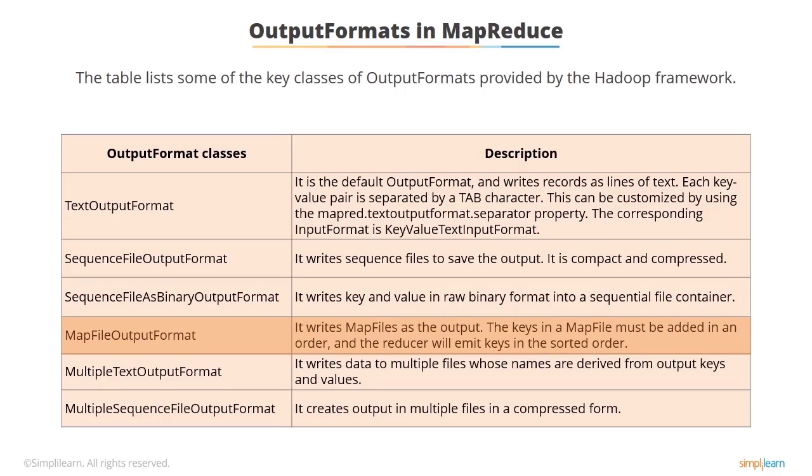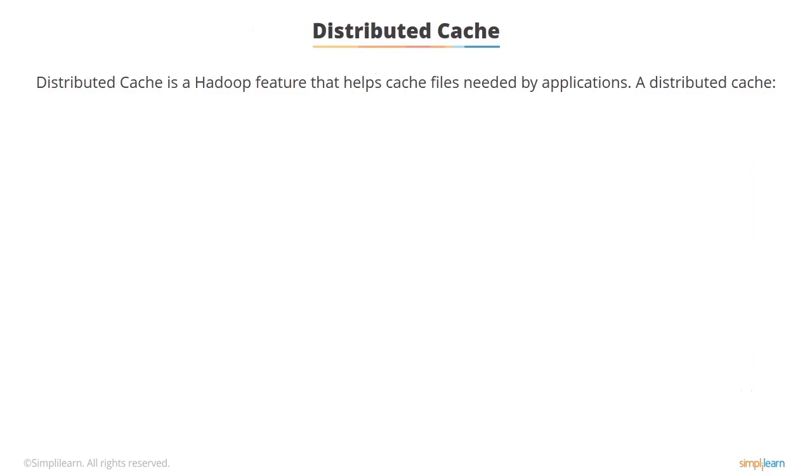The keys in a map file are added in a specific order. The reducer then emits keys in the sorted order. MultipleTextOutputFormat writes data to multiple files whose names are derived from output keys and values. MultipleSequenceFileOutputFormat creates output in multiple files in a compressed form.